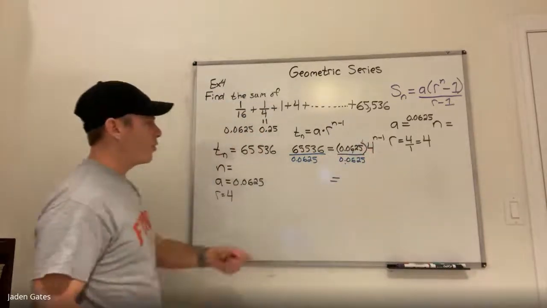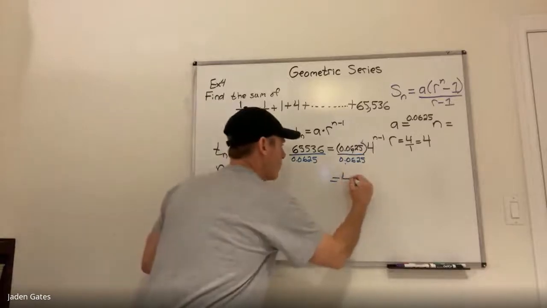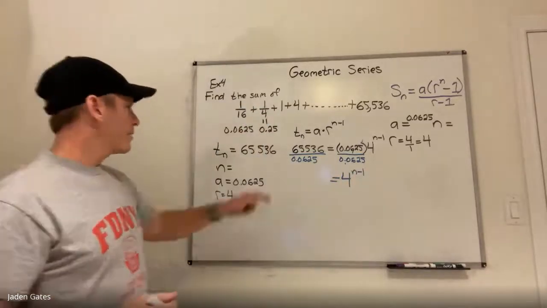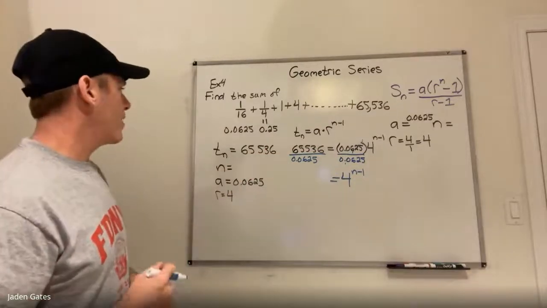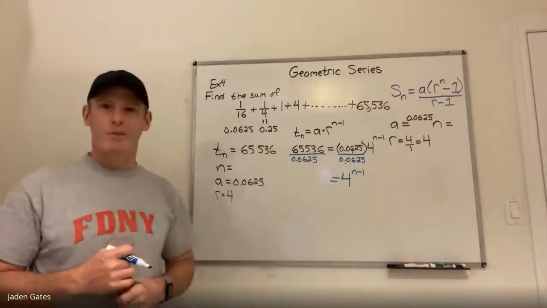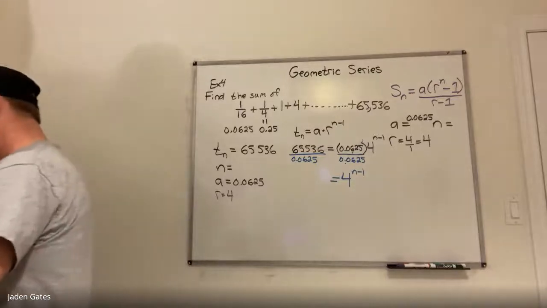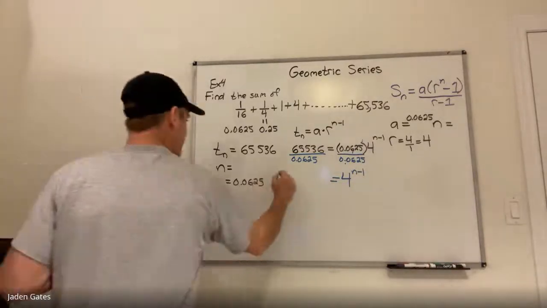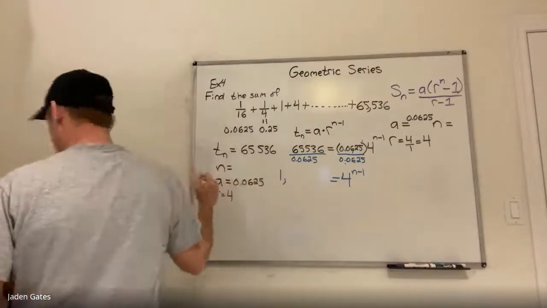On the right-hand side, I've got 4 to the power of n minus 1. On the left, 65,536 divided by this decimal is going to be a big number. So I go to the calculator here, and I get 1,000,000. Yeah, that's a big number.